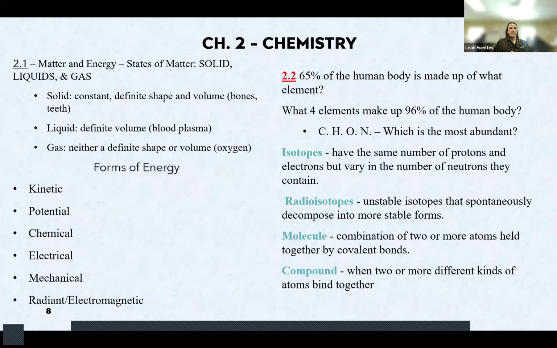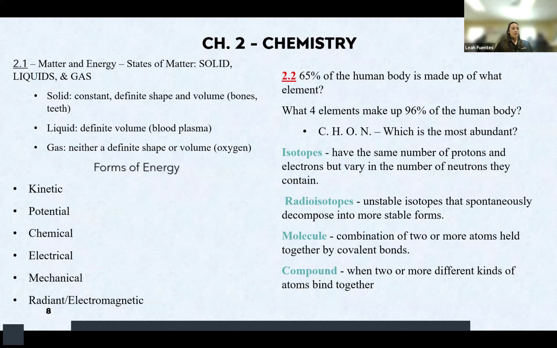A molecule is a combination of two or more atoms held together by covalent bonds. And then a compound is when two or more different kinds of atoms bind together.